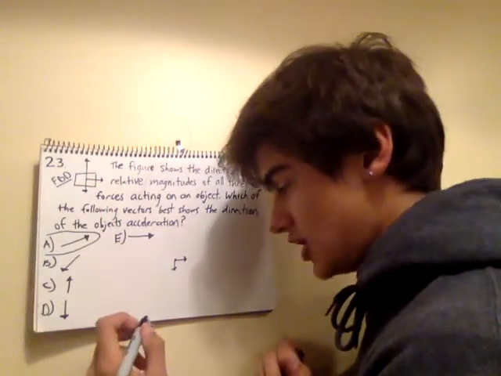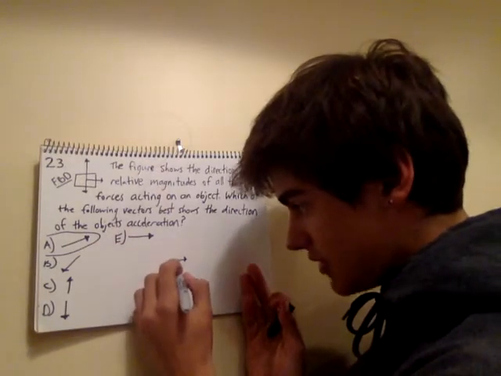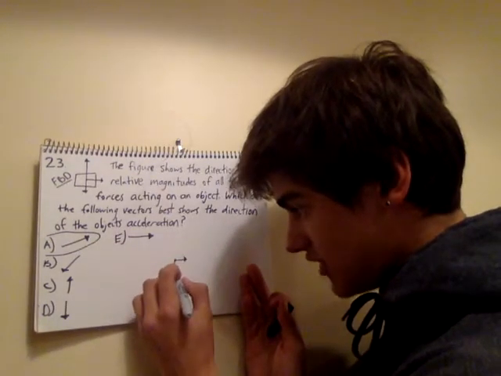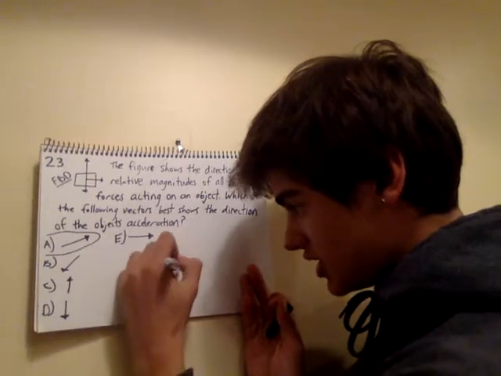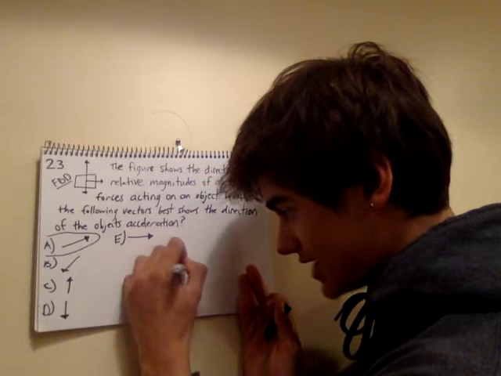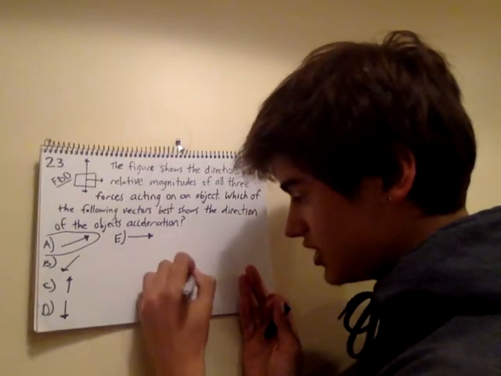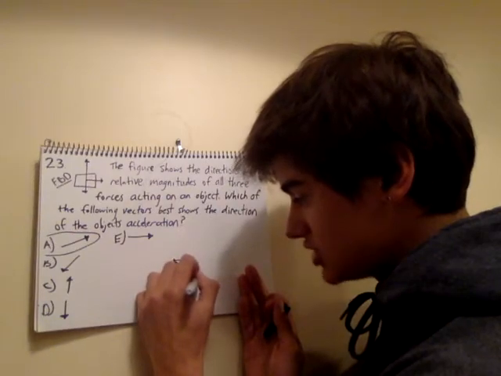With the head to tail method, you're going to copy the top vector down, and then copy this one here in parallel, and then add them going from the start to where both end up. So you're going to get a vector like this.